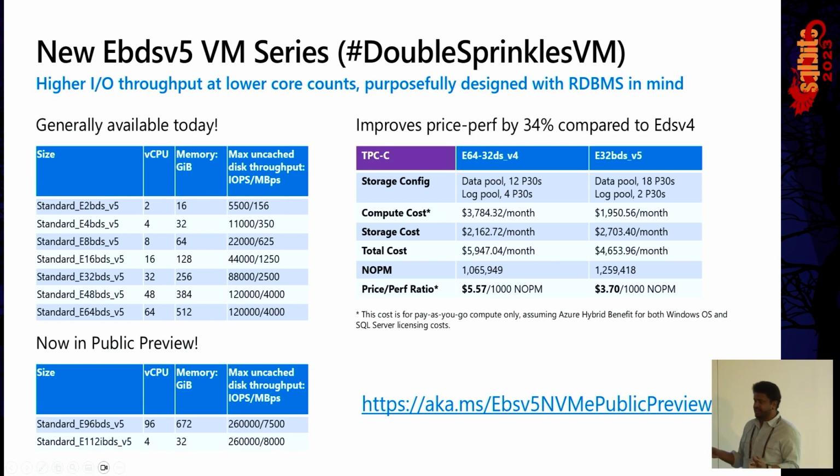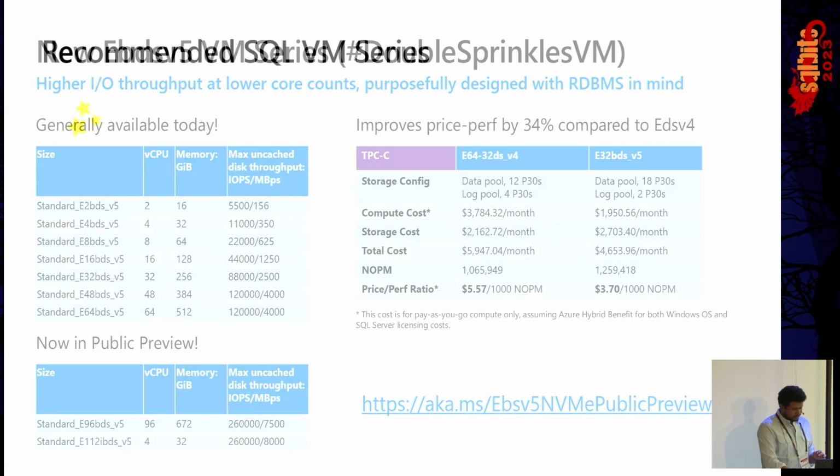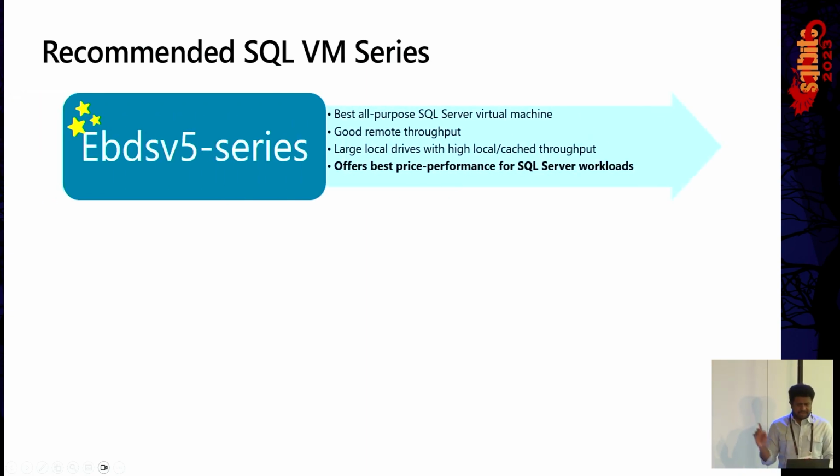If you ask me why, this is the VM where we have got a very good core to memory ratio. This is the VM where we have got extremely good throughput for that VM. So when in doubt, please go ahead and pick Ebdsv5 VM series. So now, the recommended VM series is Ebdsv5 VM series.